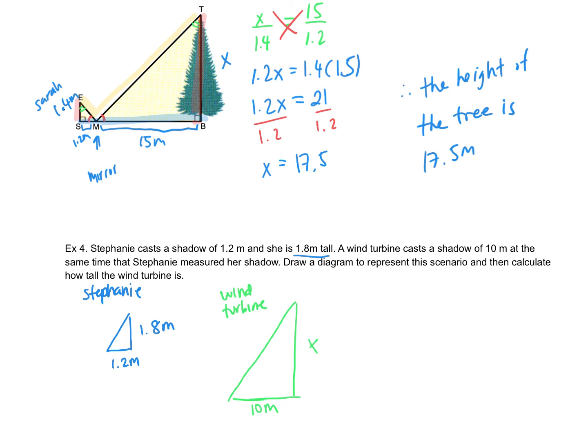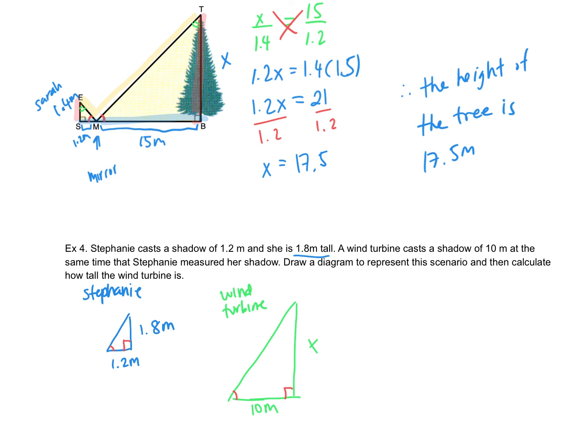So here's our scenario. And the reason that we know that these triangles are similar is because, first of all, we have right angles because Stephanie and the wind turbine are both perfectly upright, or we're assuming that. And then the angle down here should match because the sun's rays are hitting the ground at the same angle.